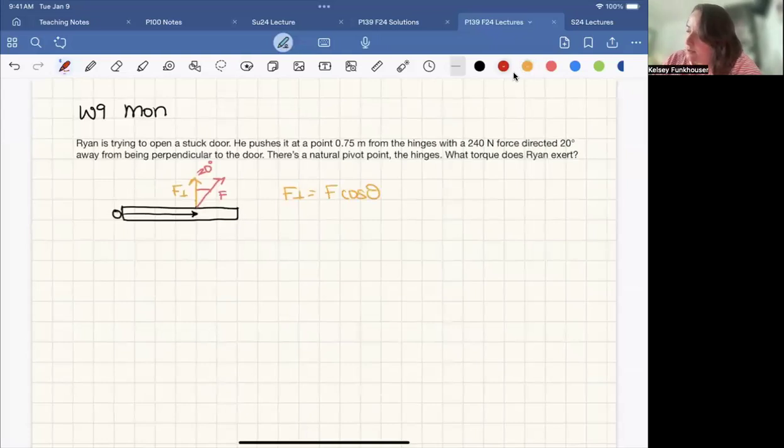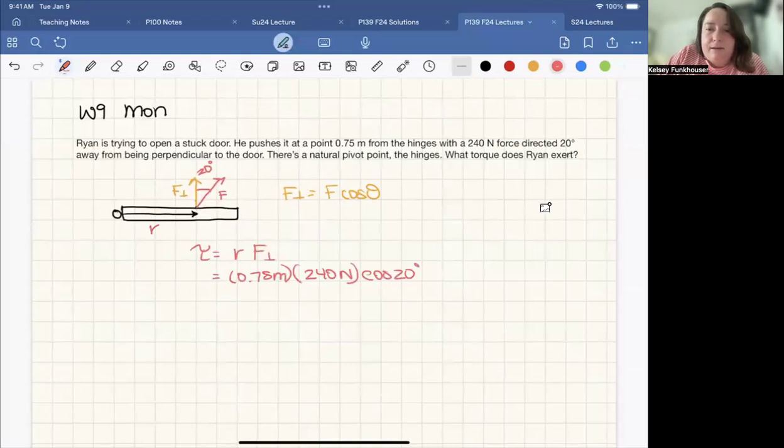And so the torque is the radial line times the perpendicular component of the force, and this is 0.75 meters times 240 newtons times cosine of 20 degrees.